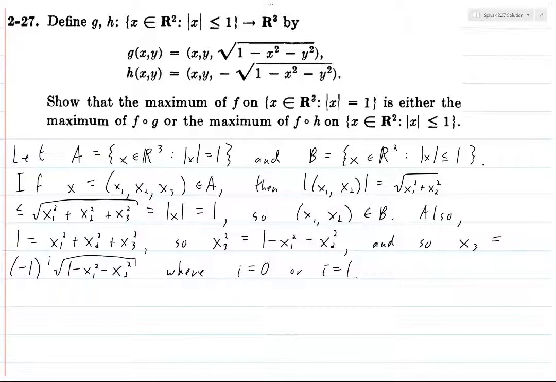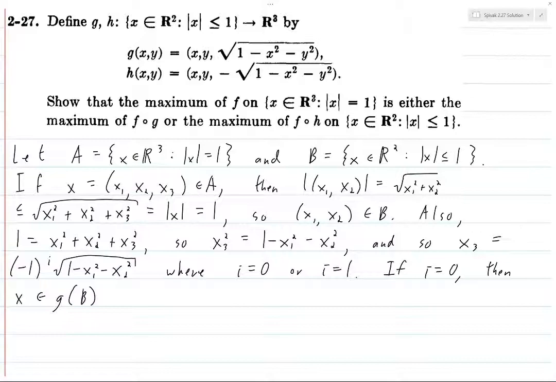All right, so if i equals 0, then x is in g of B. Because x1 comma x2 is in B, and g of x1 comma x2 is going to be x1, x2, and then the square root of 1 minus x1 squared minus x2 squared, which is precisely x3.